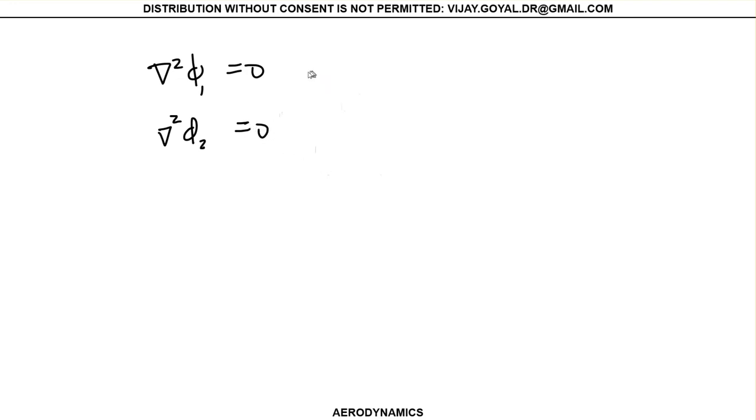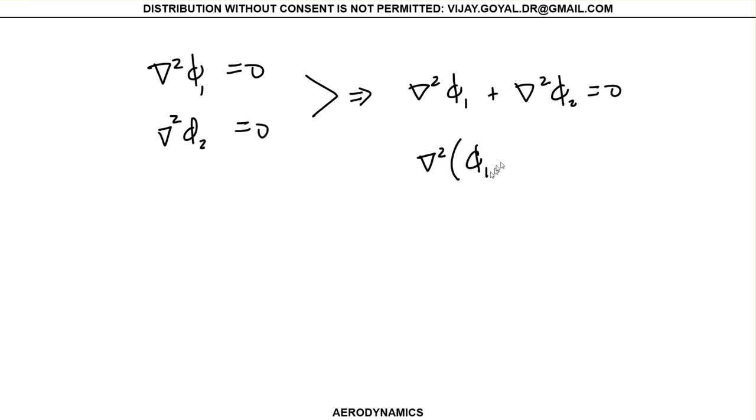Since they are possible for the same flow, I can basically add these up because I'm adding 0, right? 0 plus 0 is 0. So if I did this, this is equal to 0, and you can further show that you can add the potential flows and set that to be 0.